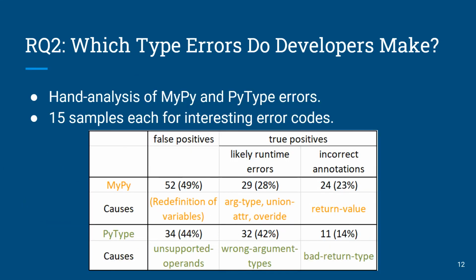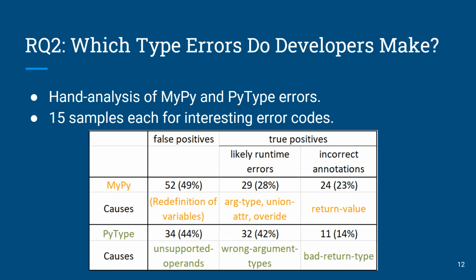Next, we sample 15 error codes for each of the most common error codes and hand inspect them. The table shows the summary of 105 MyPy errors and 77 PyType errors. 49% of MyPy and 44% of PyType are false positives according to our inspection.